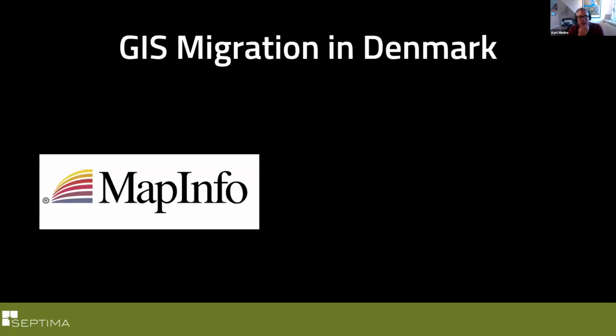Getting into the topic at hand, starting with GIS, there's been a migration in Denmark. MapInfo was the GIS with the highest market share for many, many years.